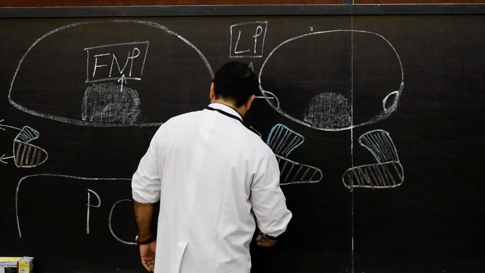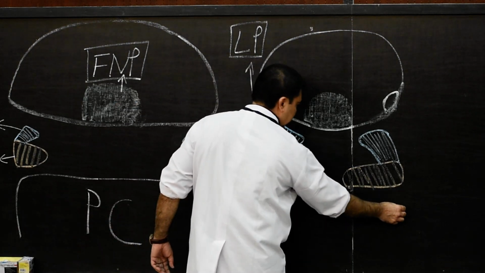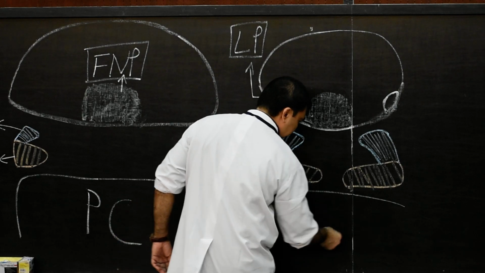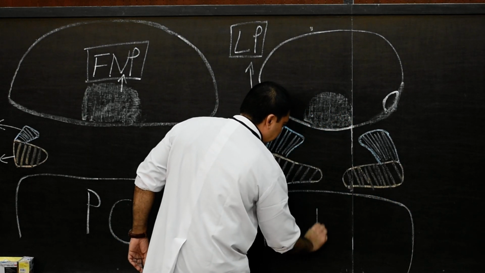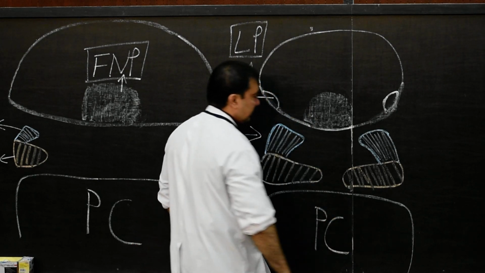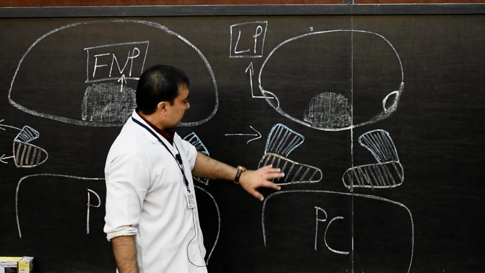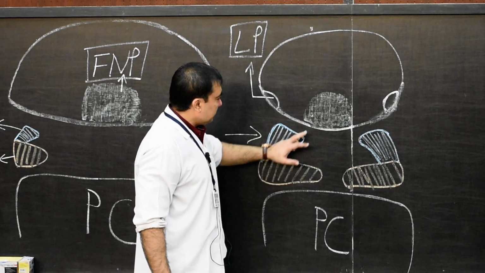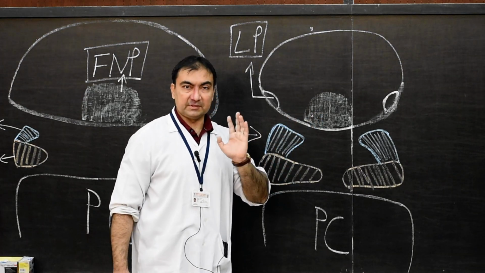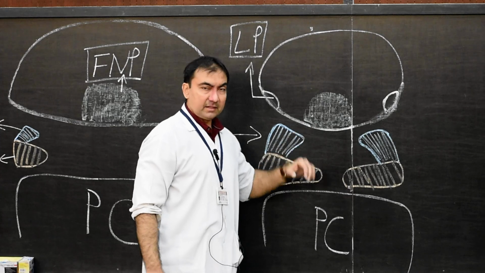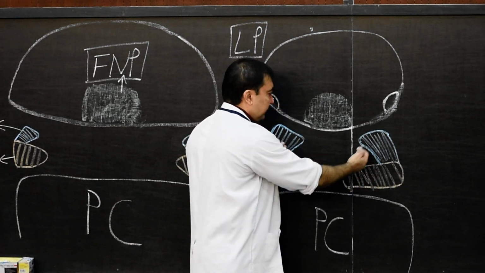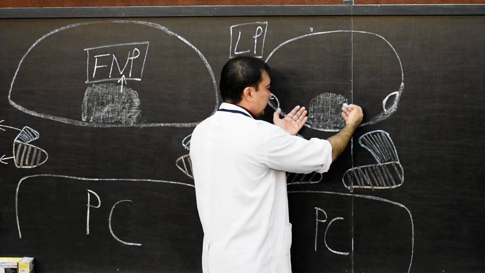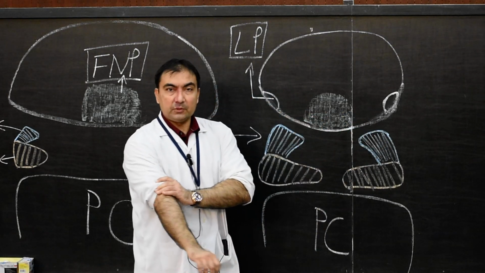Once again, below that, this will be the last time we are drawing the pericardial cavity. We are now focusing only on maxillary process, mandibular process and frontonasal process. This is our second diagram. Mandibular arches going towards each other, and maxillary process will grow upwards towards the frontonasal process.